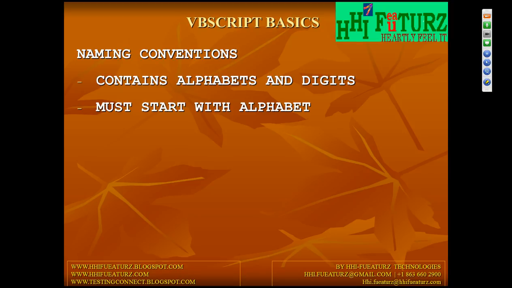Number no1, which I have given, is alphabets plus digits. Another important thing to remember: a variable name should never start with a special character or number. It should start with an alphabet.